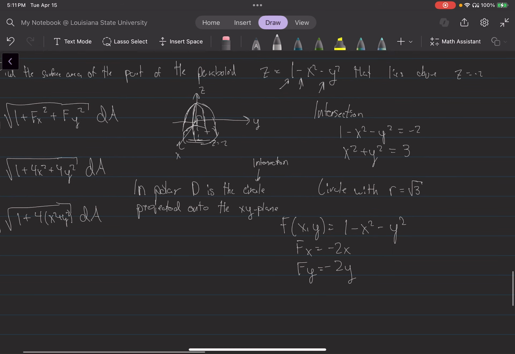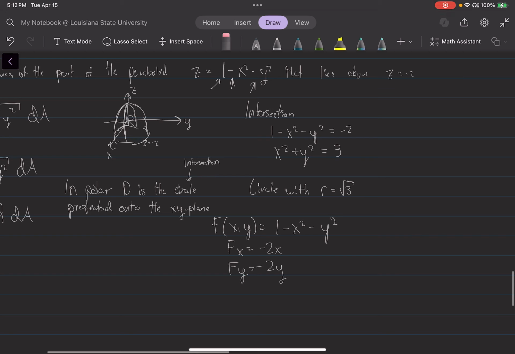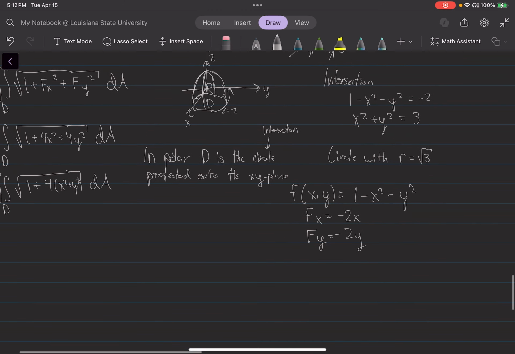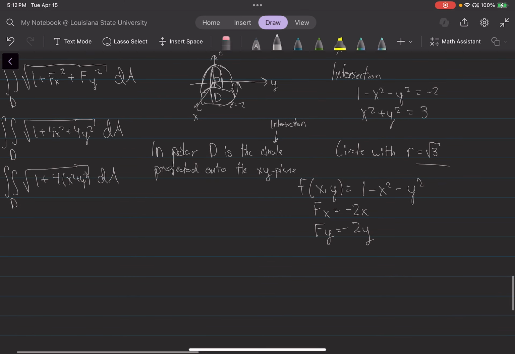Because if we have some volume R, then our region D would be that disk projected onto the xy plane. So it's a circle with a radius of square root 3, like we calculated earlier. So we could say our D is the set of (r, theta) such that r ranges from 0 to the square root of 3, and theta ranges from 0 to 2 pi.